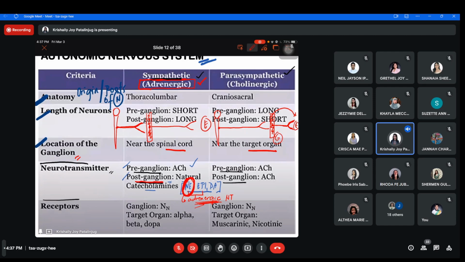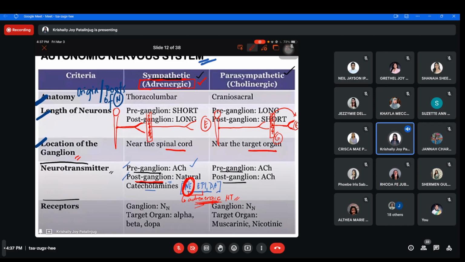Isa siyang adrenergic neurotransmitter. That is why once ang effector organ na-receive niya yung norepinephrine, ang i-carry out na response ng organ na yan is adrenergic responses.